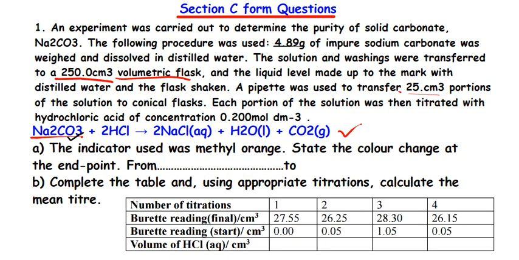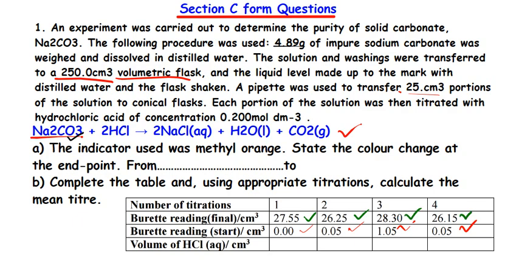And then each of those portions are titrated with hydrochloric acid, and these were the results. So you've got about 4 burettes, and each of them with these as starting readings, and then the final readings after titrating are those ones there.